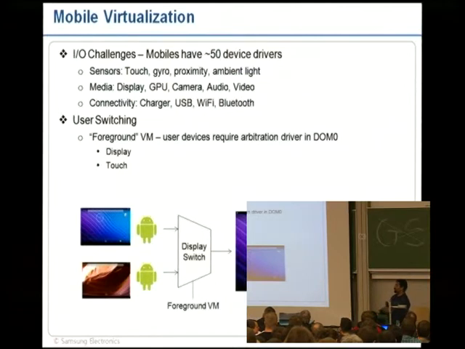All the human interface parts, the display, the camera, the touch, everything would be assigned to one particular OS, one particular foreground domain. The arbitration engine keeps track of which is the foreground domain and manages the I/O devices and assigns a particular device to a particular OS. We have a display switch, which could be a simple app which we have developed, or it could be a physical button which can trigger a change in the domain.